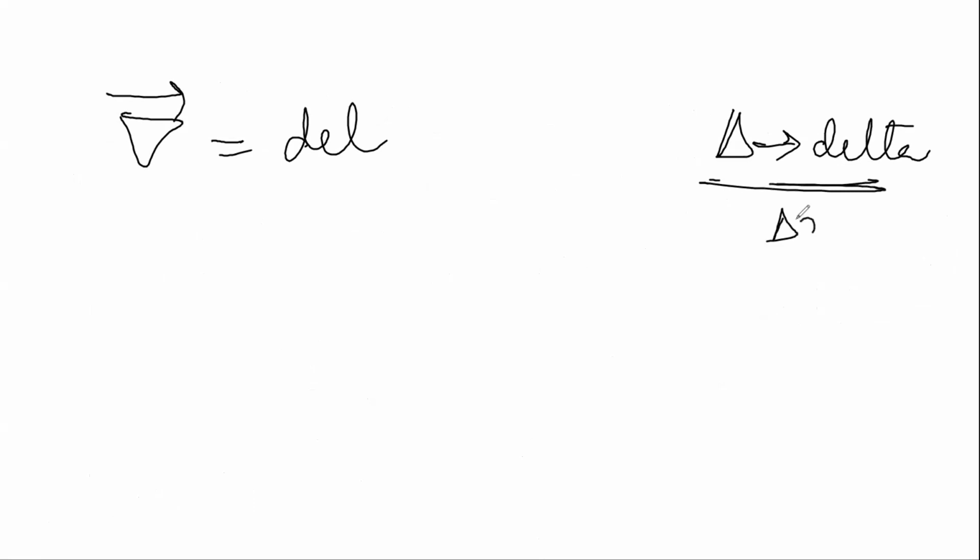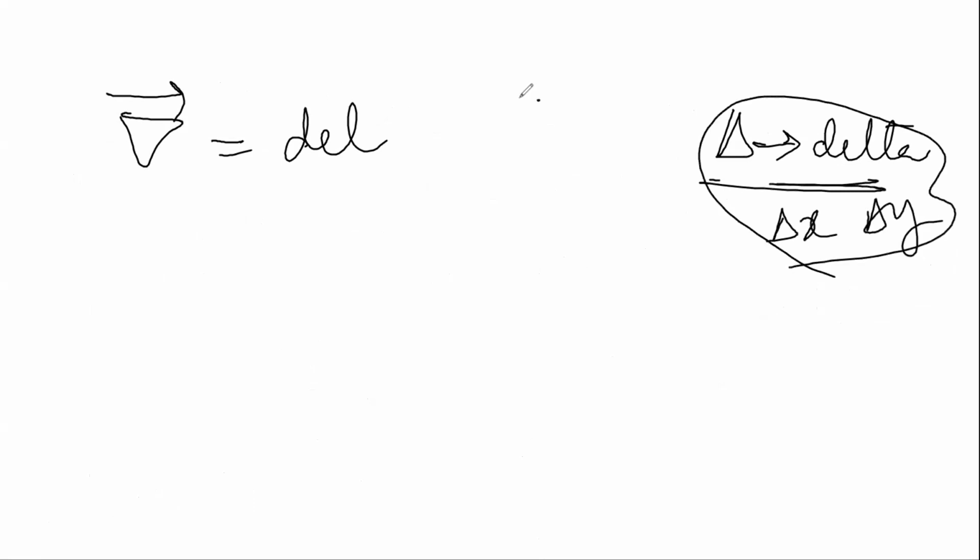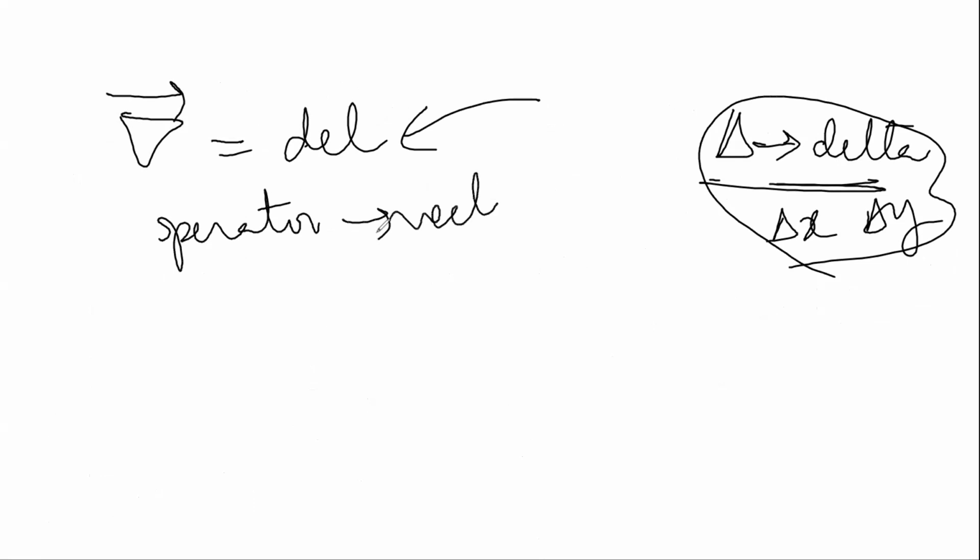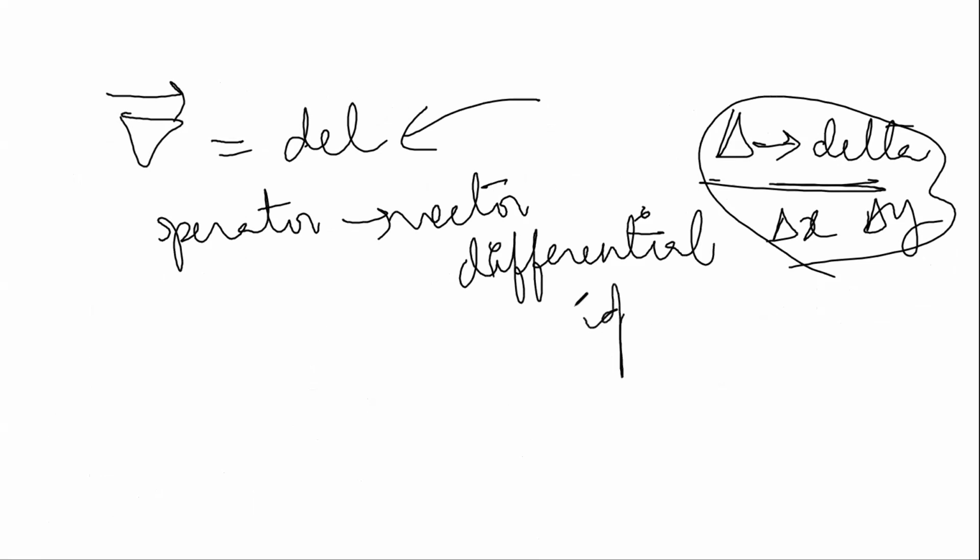We write it as delta x, delta y in this way. This is delta, while this is called del. Operator del is a vector differential operator.